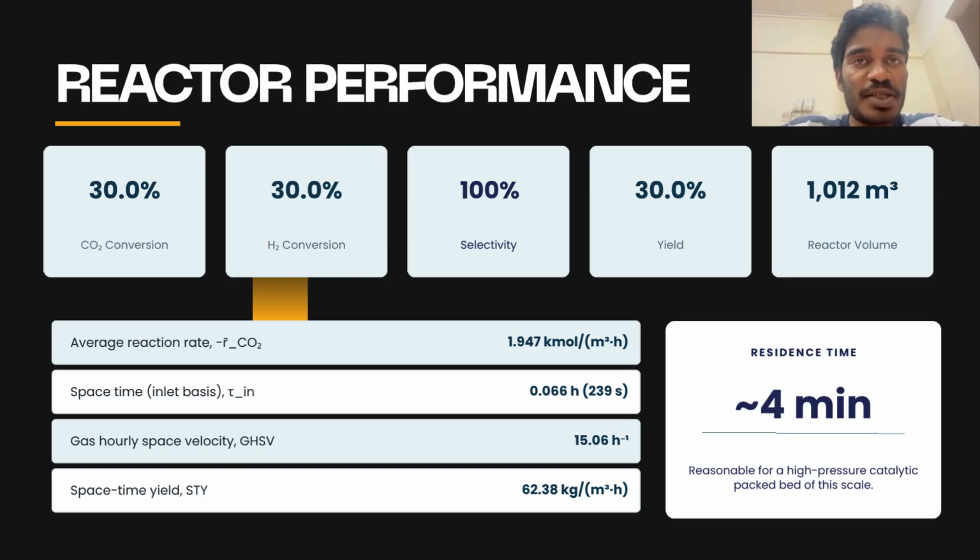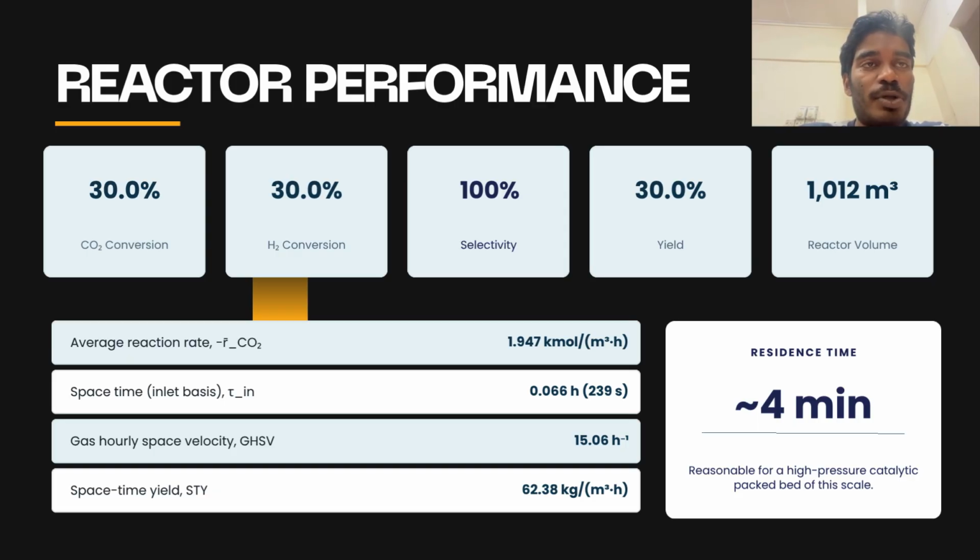In terms of reactor sizing, with a catalyst bed volume of 1012 cubic meters, we get an average carbon dioxide consumption rate of about 1.95 kilomoles per cubic meter per hour, a residence time of roughly 4 minutes, a gas hourly space velocity of 15 per hour, and a space-time yield of 62.4 kilograms of methanol per cubic meter of reactor per hour.